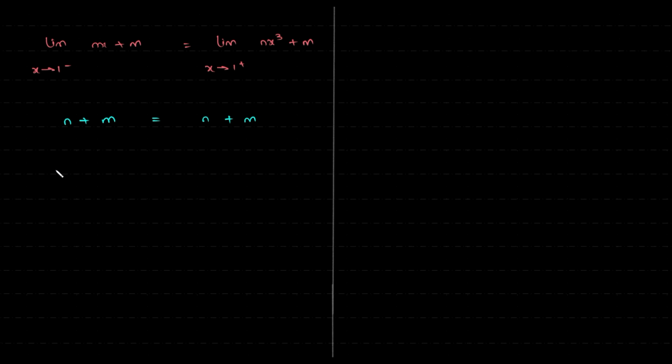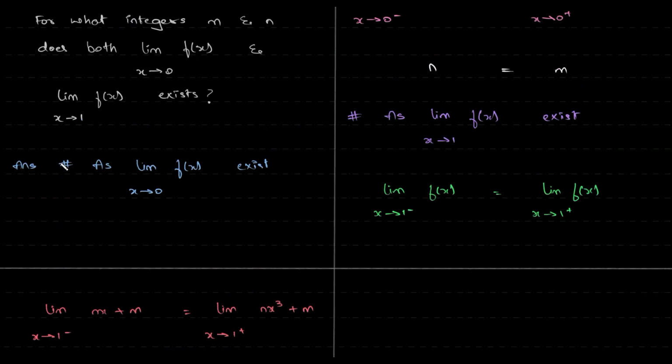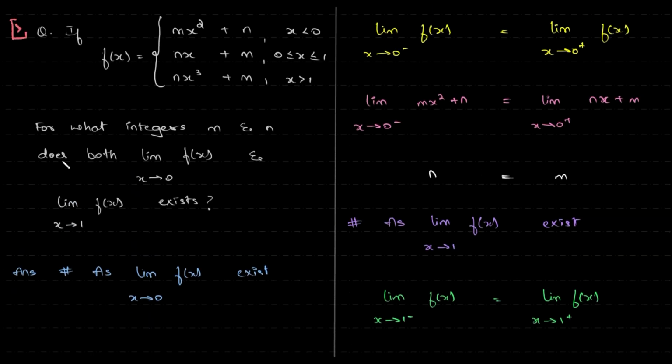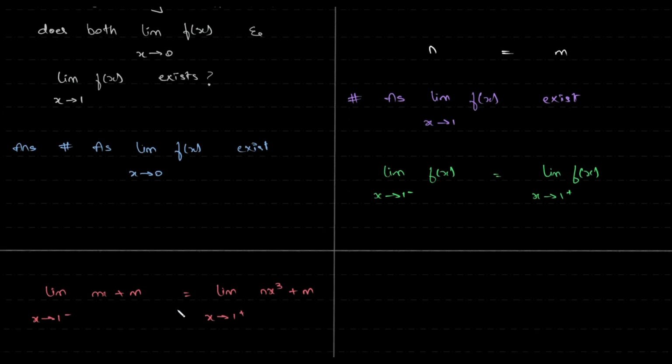What can we conclude now? So what is your conclusion? That is more important. All this is okay. What is your conclusion? Think of it. So for what condition will the limit exist at 0 and at 1? Right?